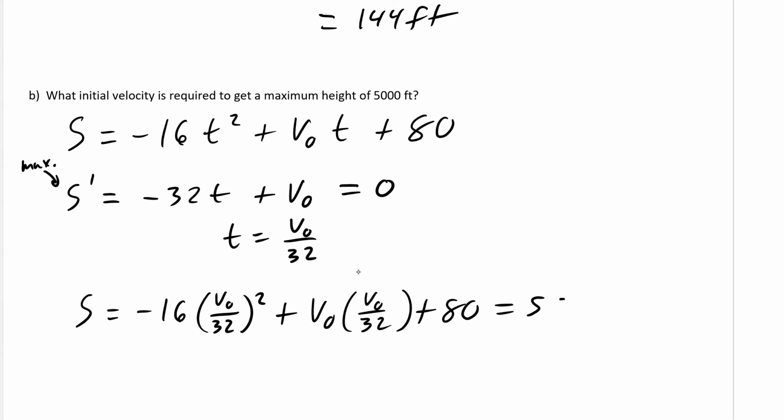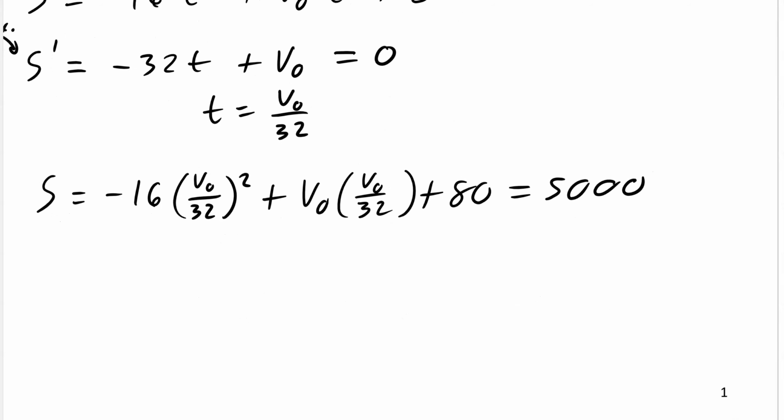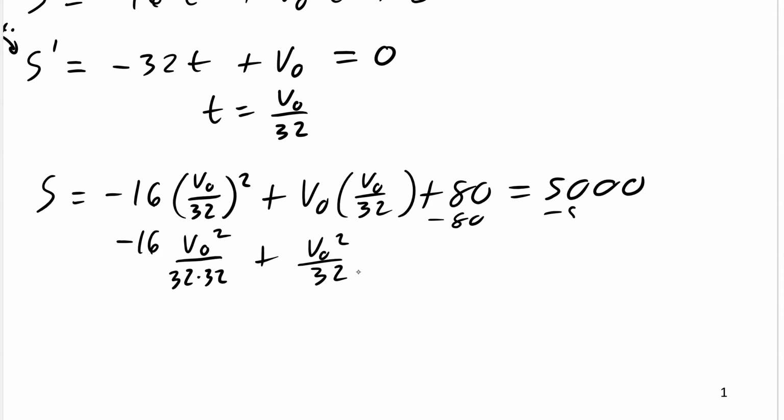But this time we're going to set it equal to 5,000. So this will give us our v0 that will maximize the height of 5,000. So this is negative 16 times v0 over 32 squared, I'm doing that because we have a 16 there, and then this is v0 squared over 32. And I can subtract the 80 over to this.